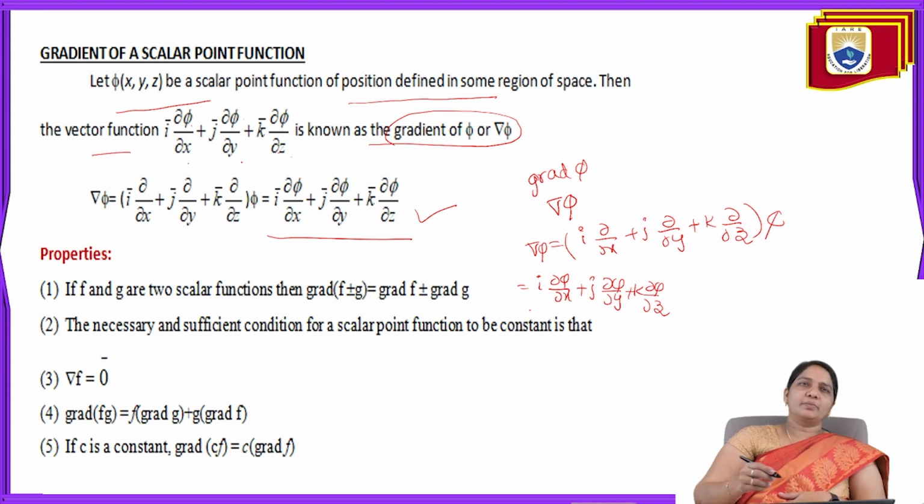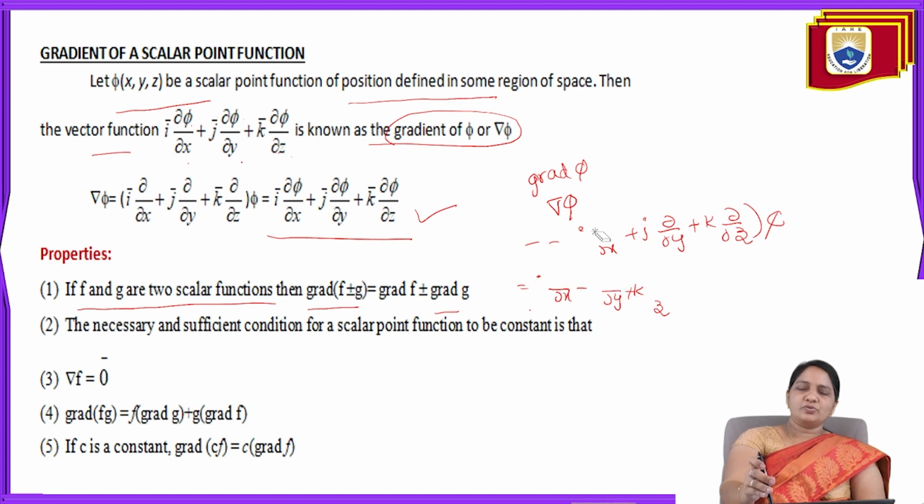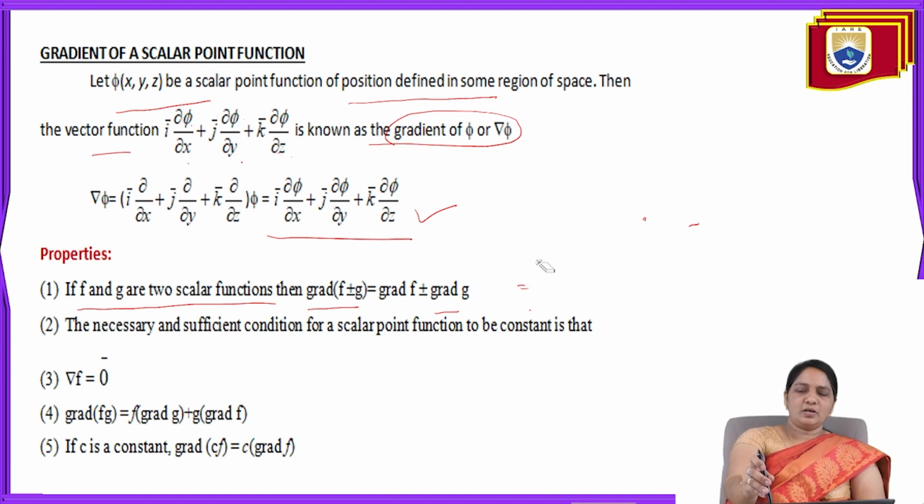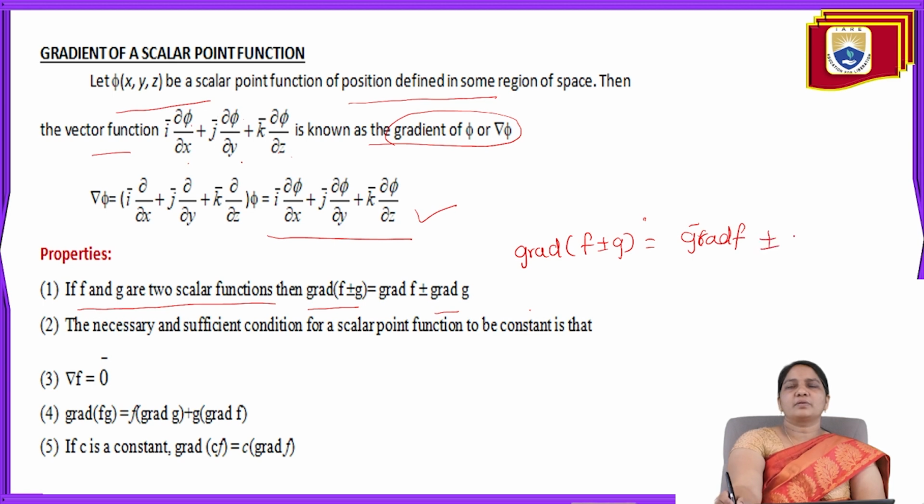Some of the properties of the gradient of a scalar point function we can observe here. If f and g are two scalar functions, then grad of (f plus or minus g) equals grad f plus or minus grad g.